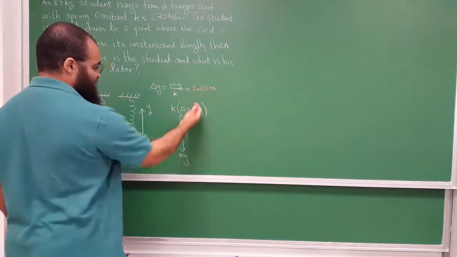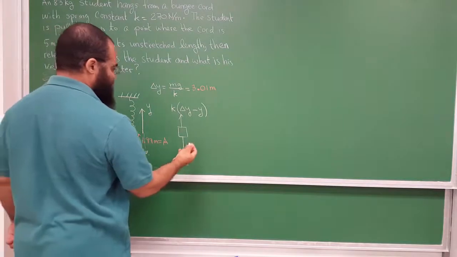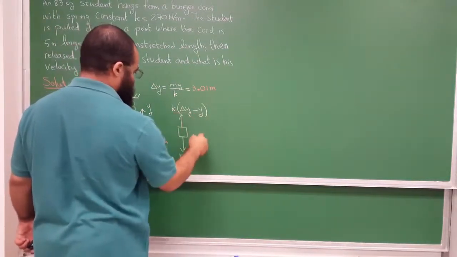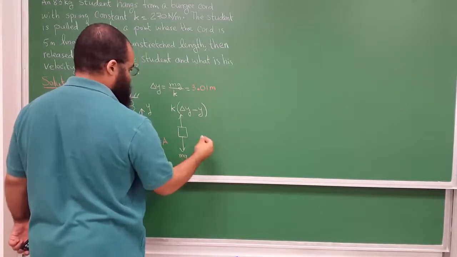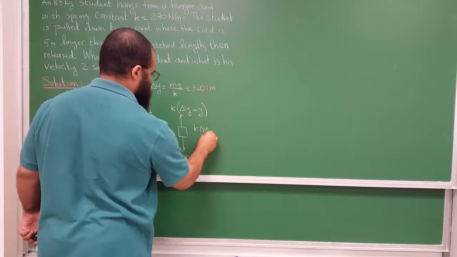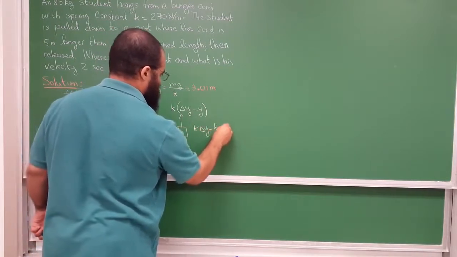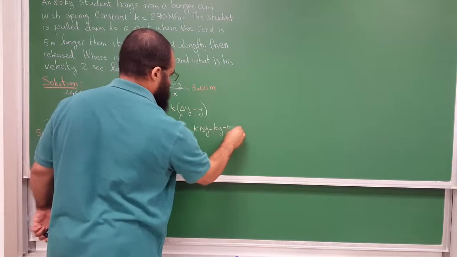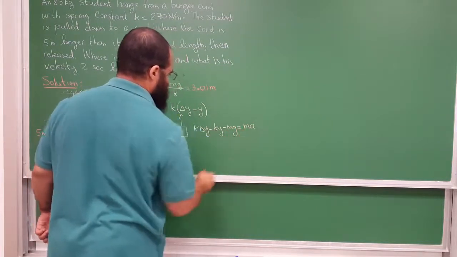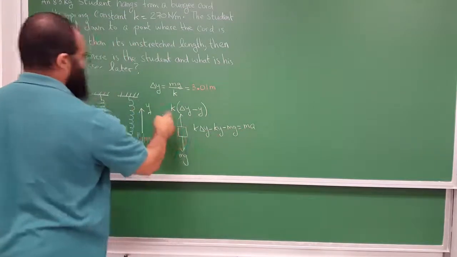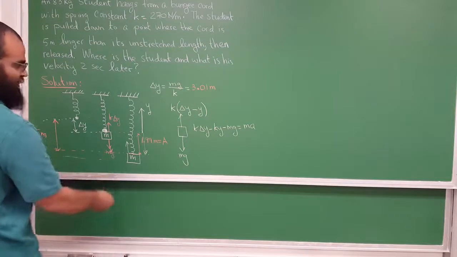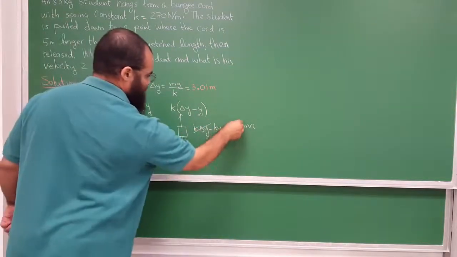And we said the net force equals the mass times acceleration. The net force will be this: k delta y minus ky minus mg equals the mass times acceleration. But k delta y is equal to mg, so k delta y minus mg will be 0.